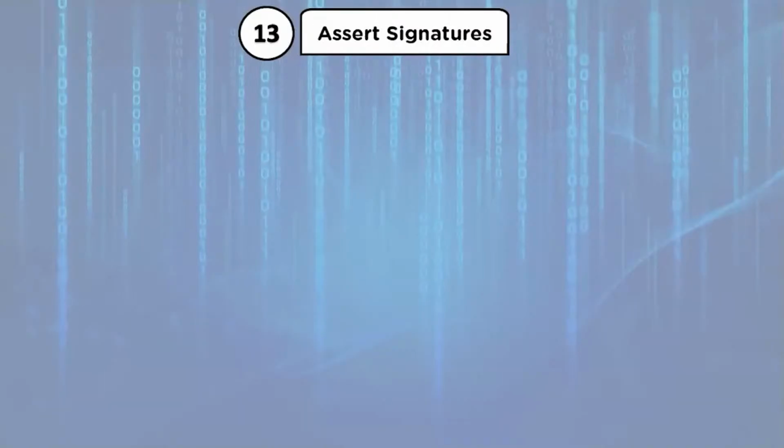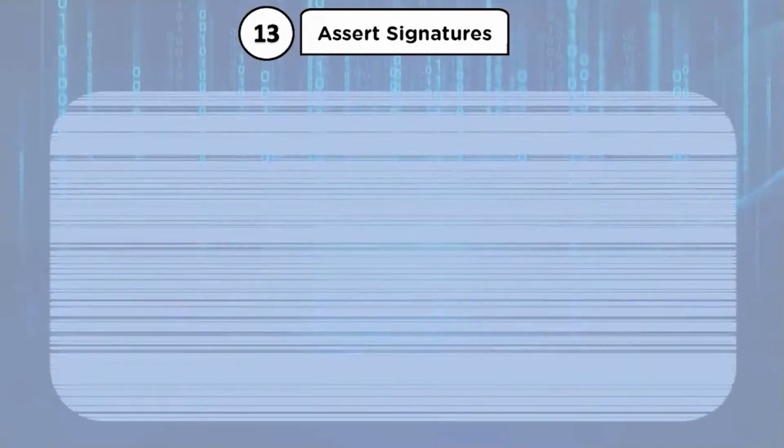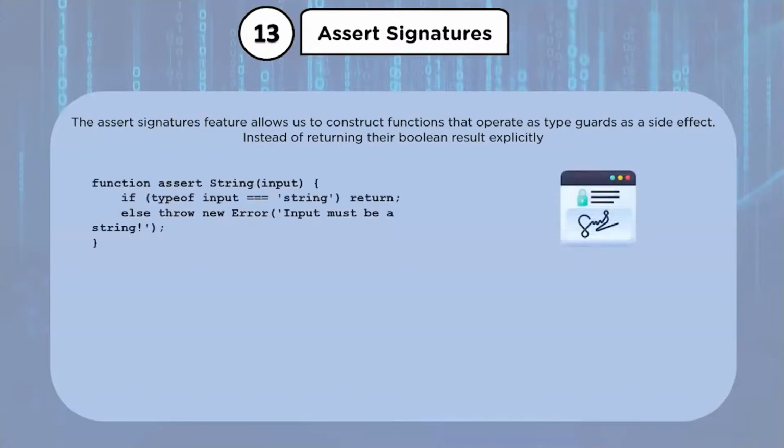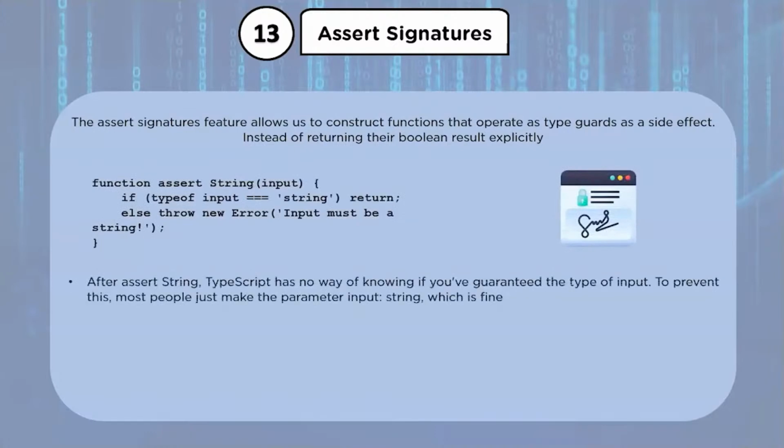Next we have assert signatures. The assert signature feature allows us to construct functions that operate as type guards as a side effect, instead of returning their Boolean result explicitly. Consider the example below. After assertString, TypeScript has no way of knowing if you have guaranteed the type of input.